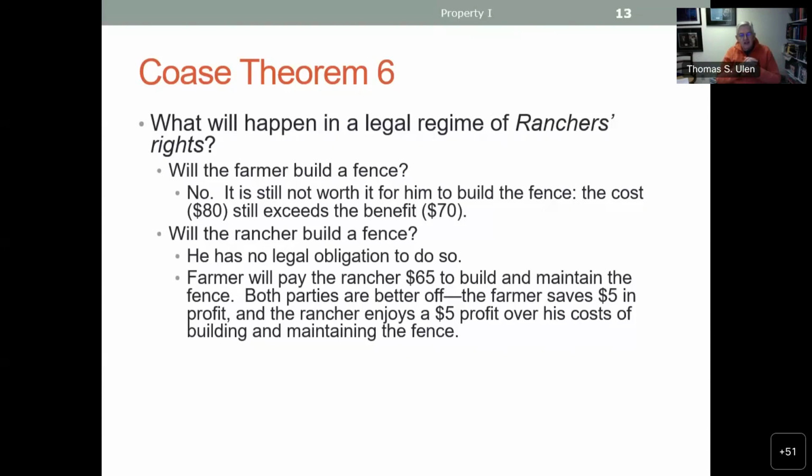An implication of the Coase theorem that I want to draw out before I turn to the next topic is what happens if the transaction costs are not low? What happens if they're high? In those circumstances, the law has to intervene.